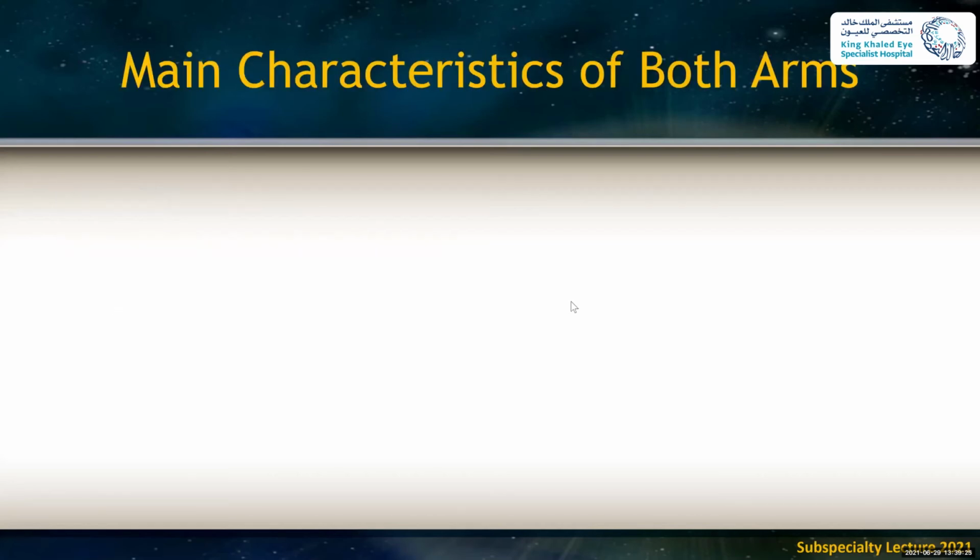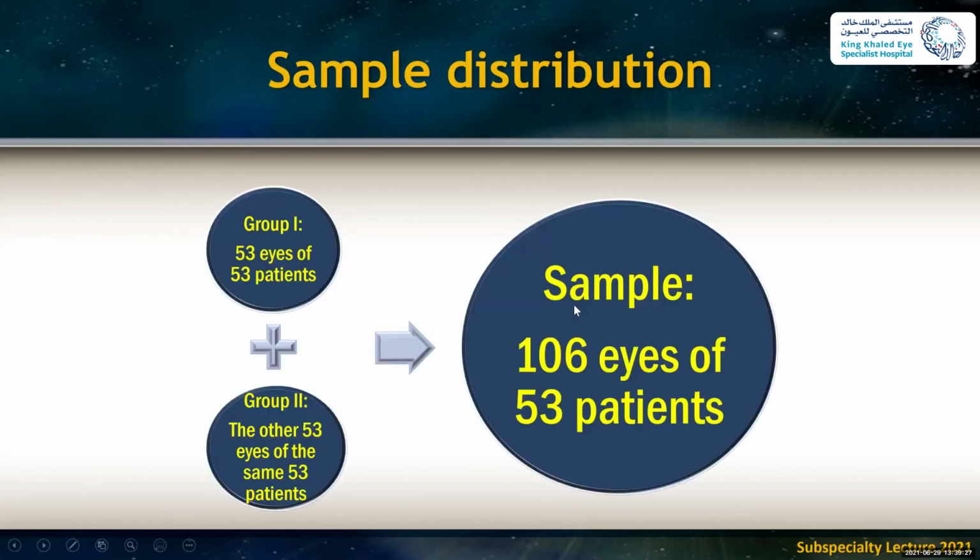This was presented in Spain at one of the meetings when we had finished 106 eyes of 53 patients. But now we are reaching more than 80 cases, about 160 eyes. We are waiting to find how we can write this paper, which will be a very important one.